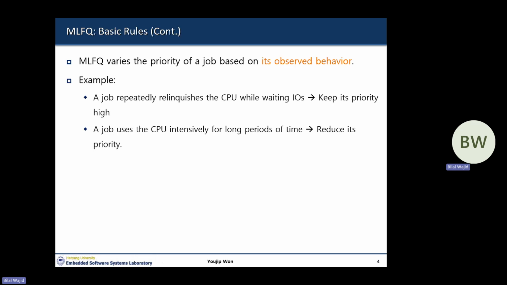The feedback is done by observing the behavior of the process. Say the process is allocated, hypothetically, 100 clock cycles of the CPU, and the job itself relinquishes the CPU after 80 clock cycles.